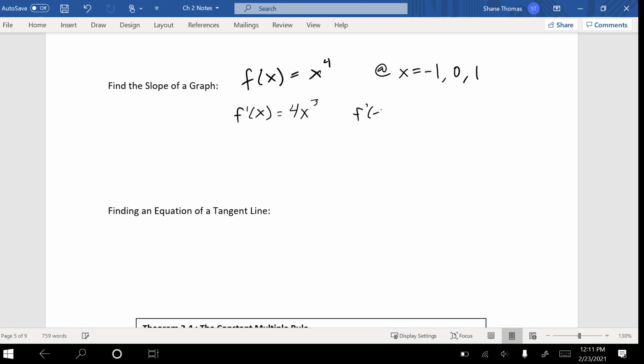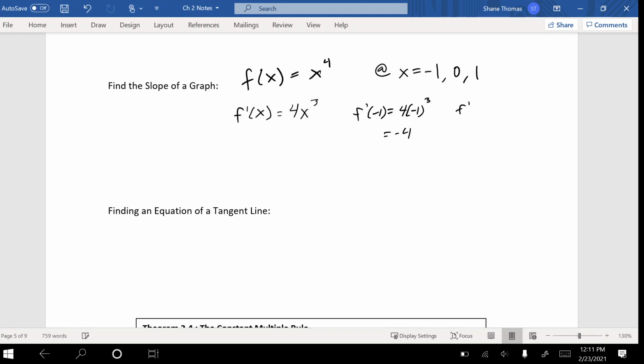So f prime of -1 is going to be 4 times -1 to the third. -1 to the third is going to be a negative, so the slope is -4. That would be the slope of the tangent line at that point. Okay?